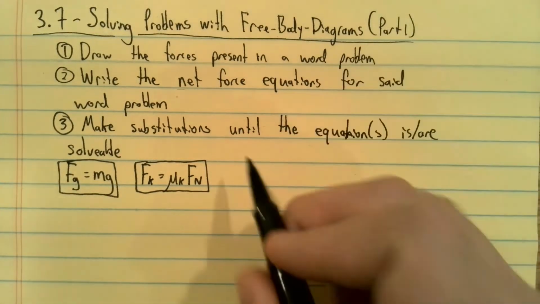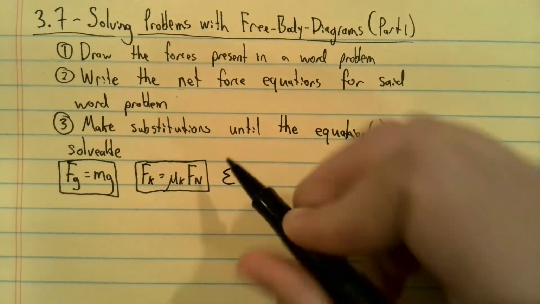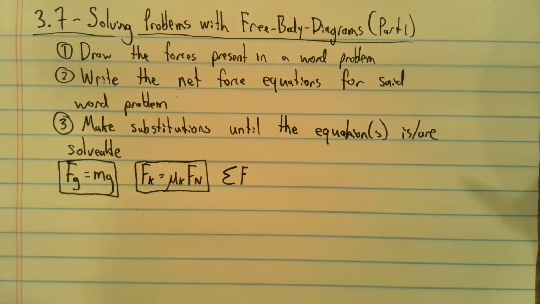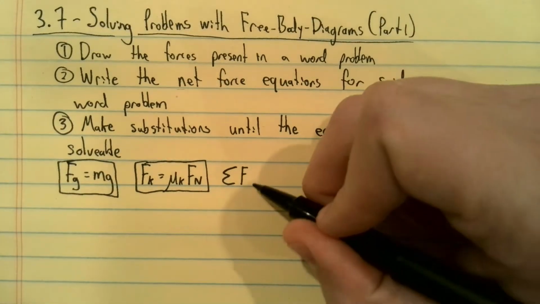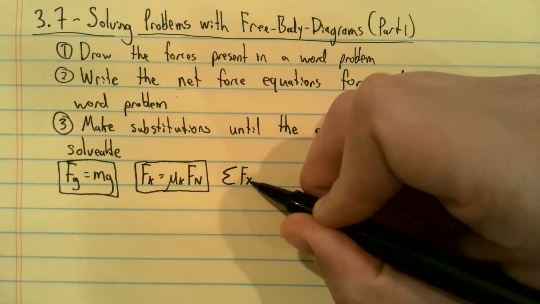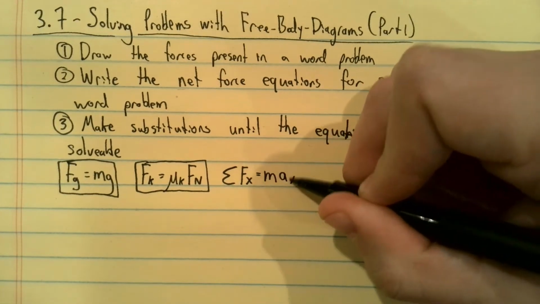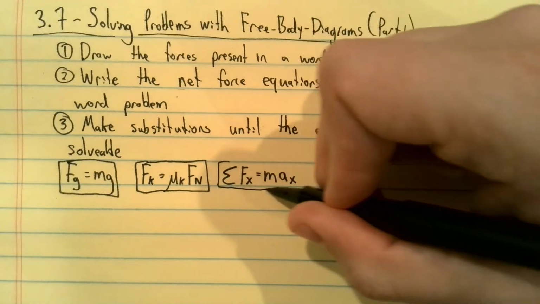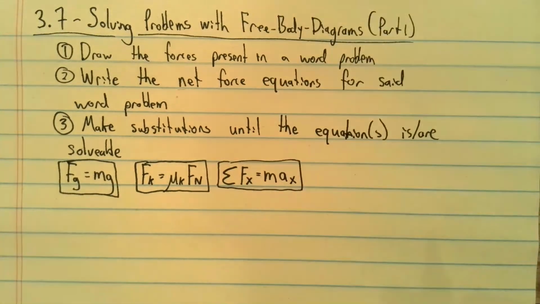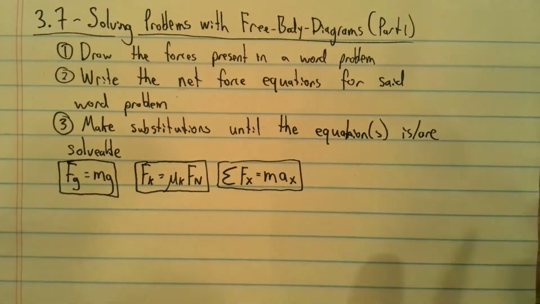So we have this equation where it's sigma F equals ma, but what we're going to have to do with these equations is separate the horizontal from the vertical. Sigma Fx equals max. Now what that means is when you have forces acting on an object, some of them are horizontal, some of them are vertical.